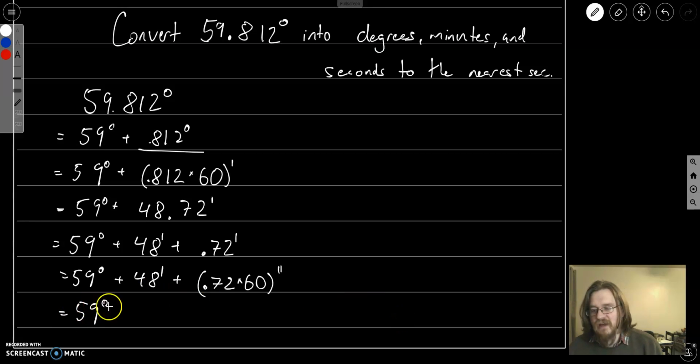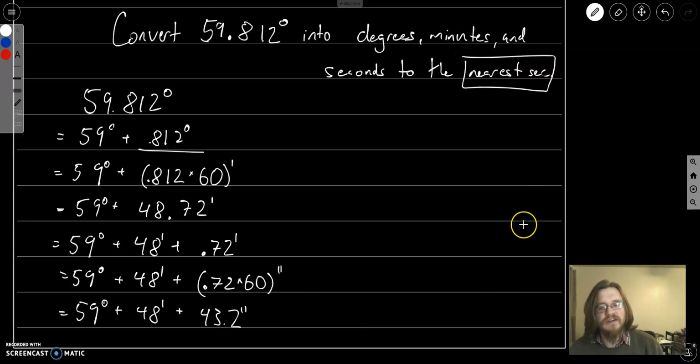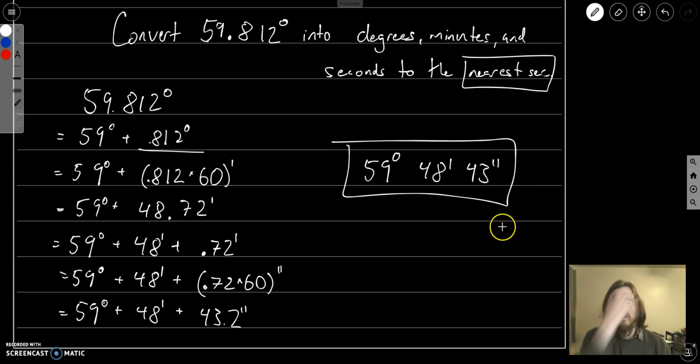So again, we have 59 degrees, 48 minutes, and then lastly, 60 times 0.72 is going to be 43.2 seconds. And our question asks us to round to the nearest second, so I'm going to round 43.2 to the nearest whole number. So at the very end, we'll get 59 degrees, 48 minutes, and 43 seconds. And this is our answer.